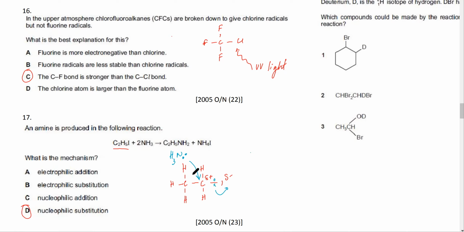This is primary, so primary follows the SN2 mechanism. Simultaneously, hydrogens are very small, so NH3 can attack the carbon directly. It won't wait for the I to break; the I stretches and breaks away.